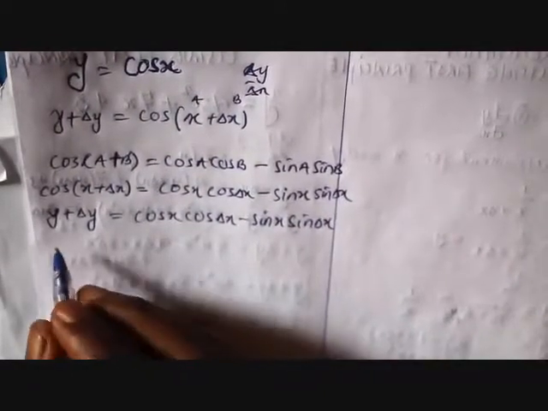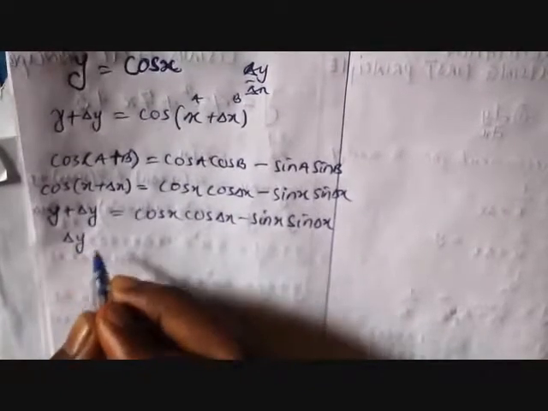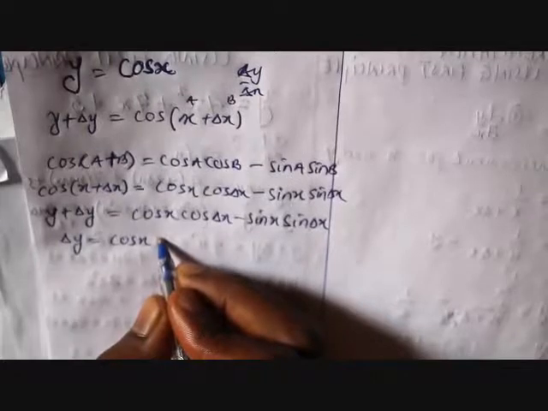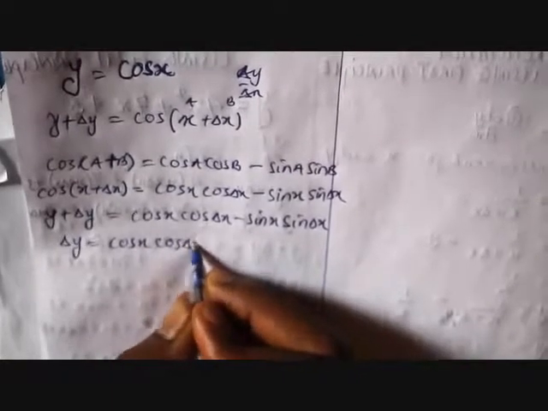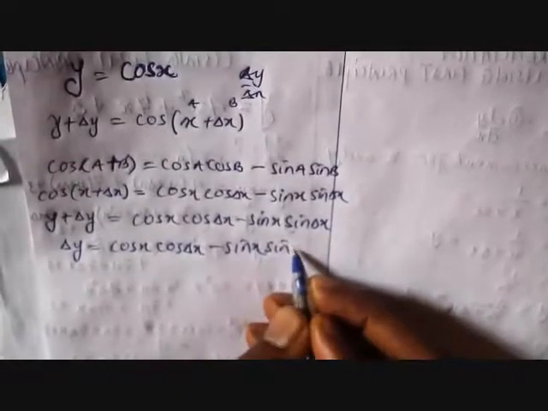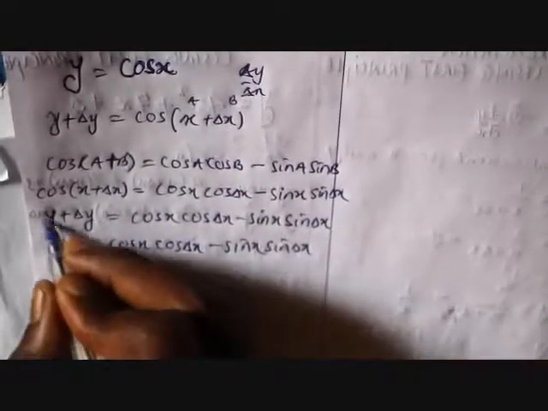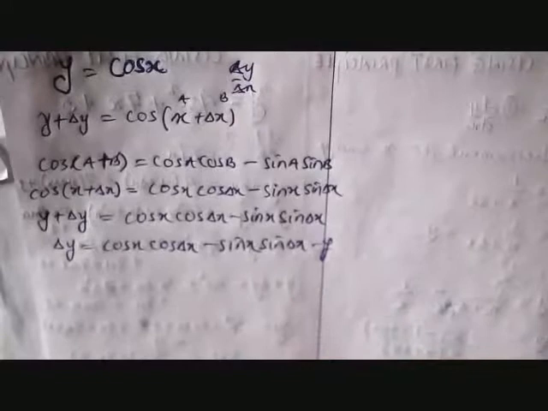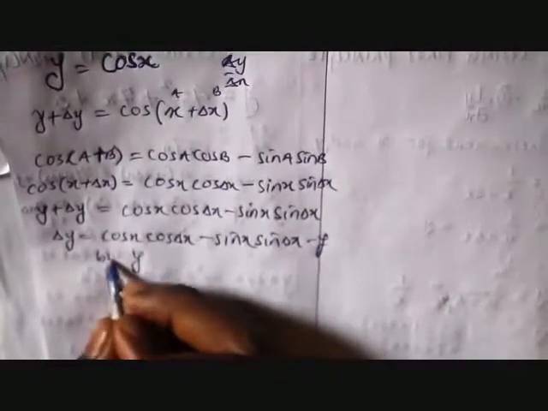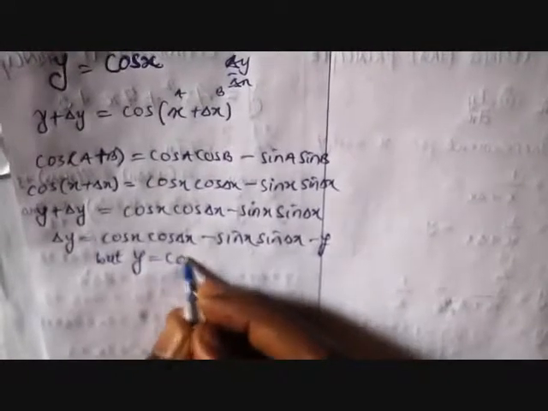And we can say dy is equal to cos x cos dx minus sin x sin dx minus y, and y is equal to cos x from the beginning.